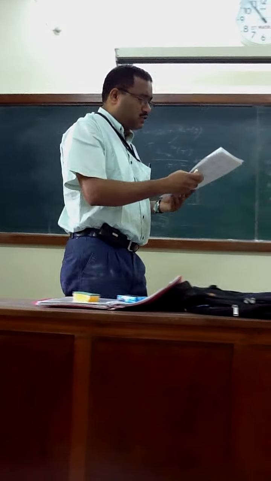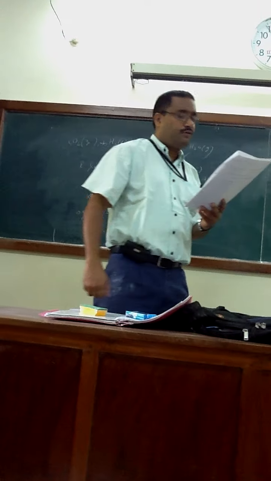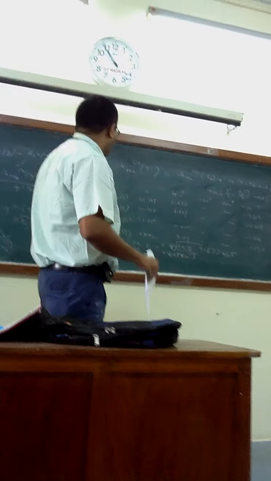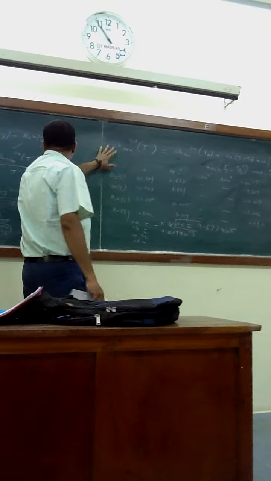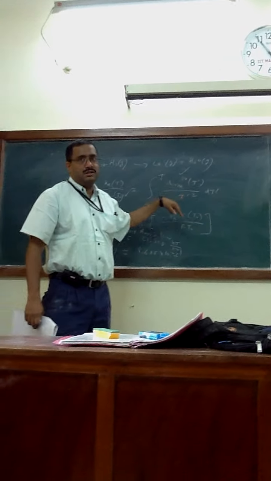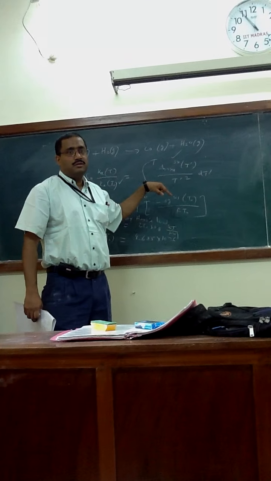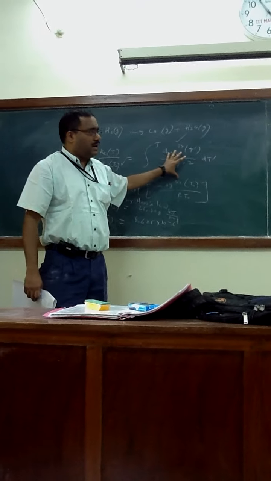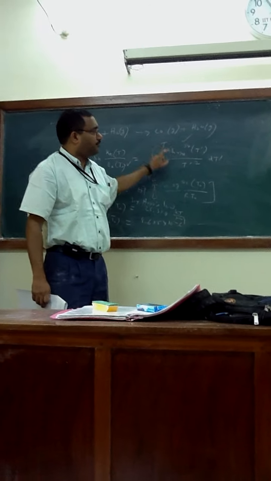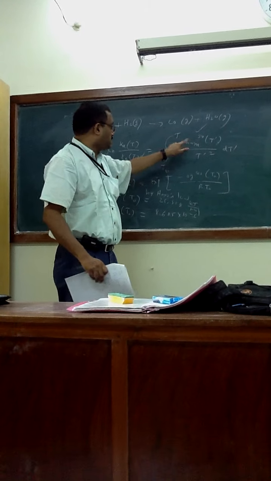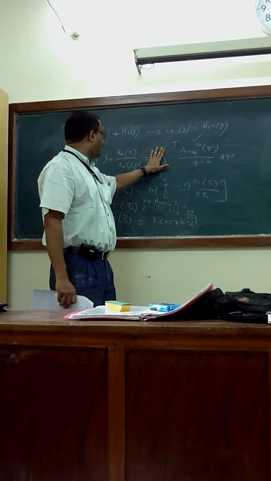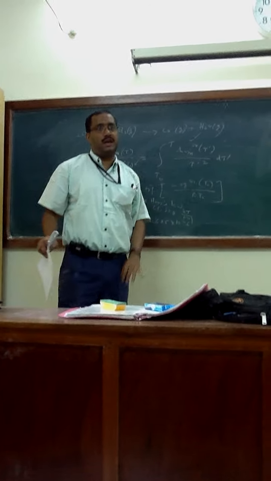So delta H reaction should be 41.449 kilojoule per mole. Okay. And then once everything is known, you have to get the expression here, divide by T square, and then integrate. You can do the integration analytically, no problem, and we get this right hand side. This term is already known. You should put it here. R is known, it should be 1 by R. If you take the anti-log, you will get Ka at temperature.